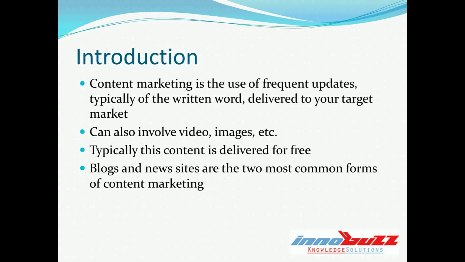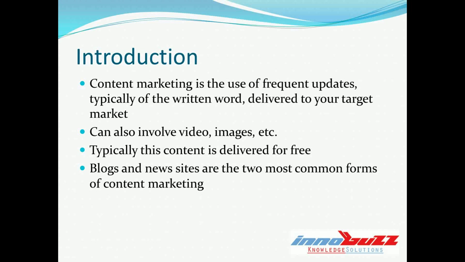So, content marketing. It's the use of frequent updates, typically of the written word, delivered to your target market via the web. Now, content can also involve video, images, and multiple other multimedia mediums. But we're not really going to be focusing on too much of that stuff. Certainly you could say that creating a YouTube page and putting videos up would be content marketing.